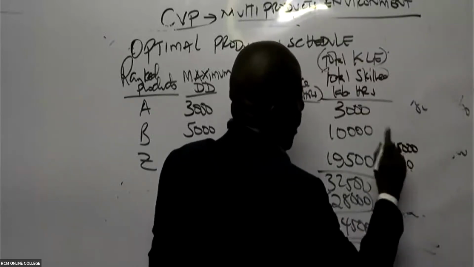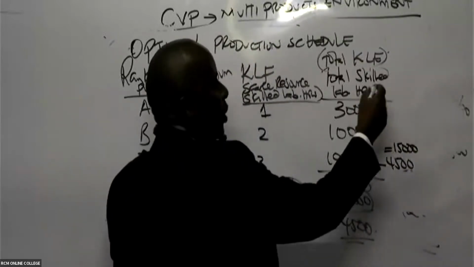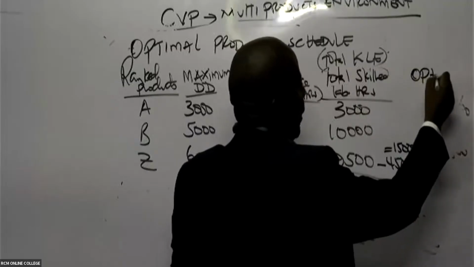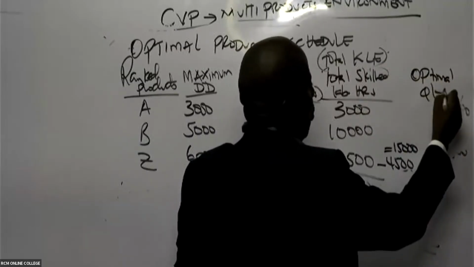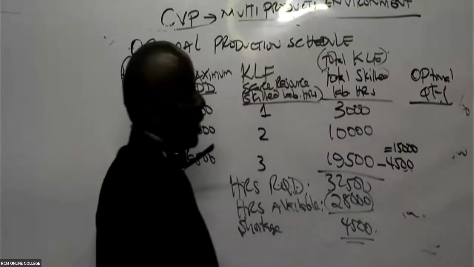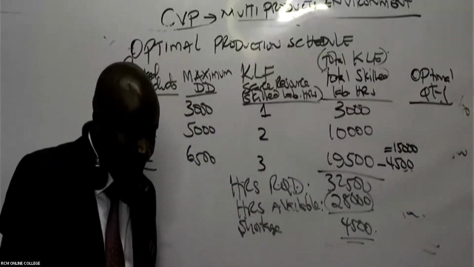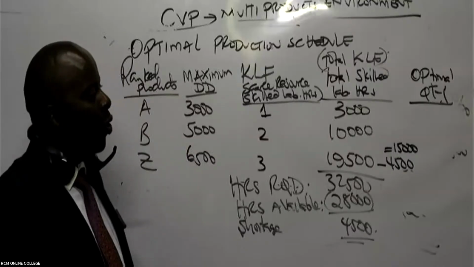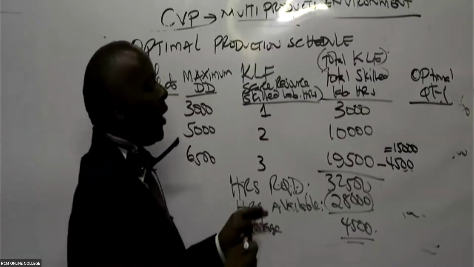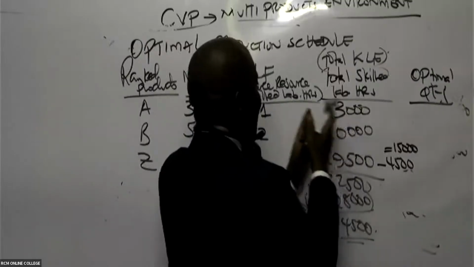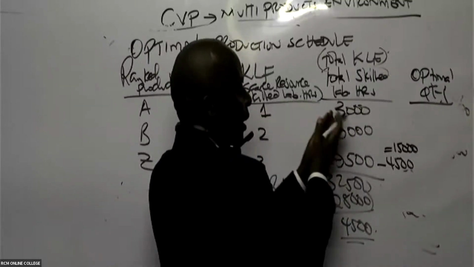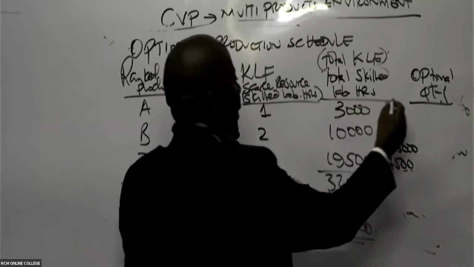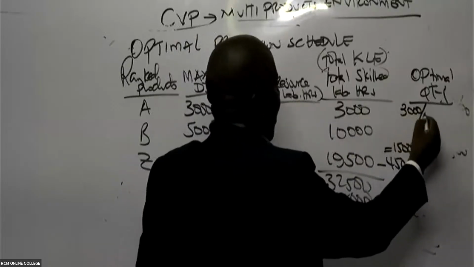So then you come and make for me the last column. This last column is what we call the optimal quantity to be produced. How do we get this optimal quantity? You take this column and divide by this. So now 3,000 divided by 1.